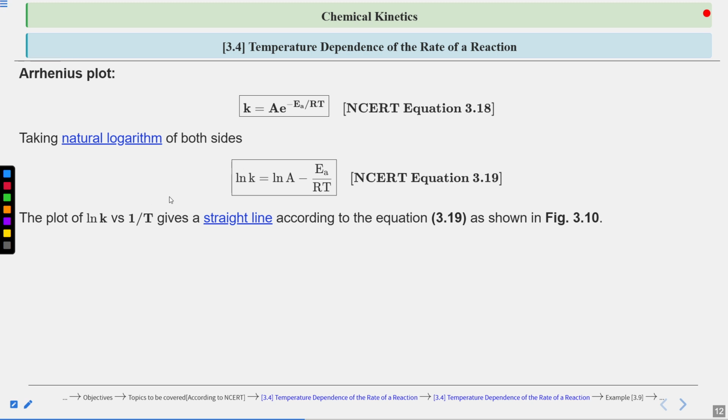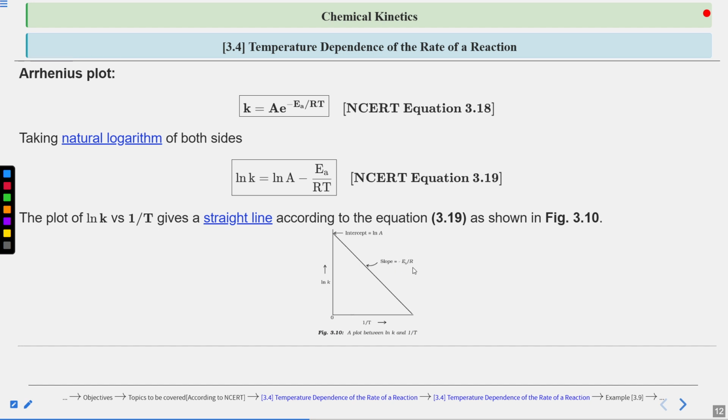If you plot the ln k versus 1 by T graph, it will give you a straight line according to equation 3.19 we just have seen, as shown in figure 3.10. So what is figure 3.10? It is this one, a plot between ln k and 1 by T. ln k is on the vertical axis, the y-axis, and on the x-axis we have 1 by T. The line we are getting is a straight line with a negative slope.